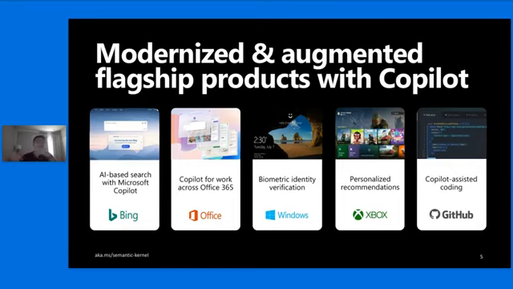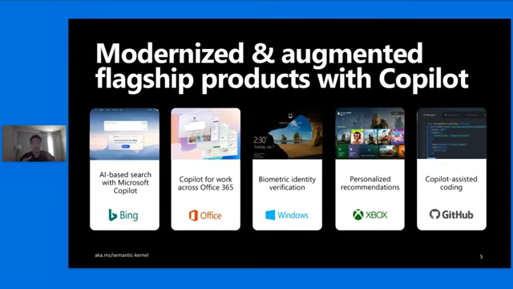In Excel, you have functions, everything. In Windows, you have Copilot on the screen, and you're gonna have Copilot to do a lot of things in Windows. I think we're not using the command line, we're gonna use it everywhere. So in Xbox, you can use it for recommendations.